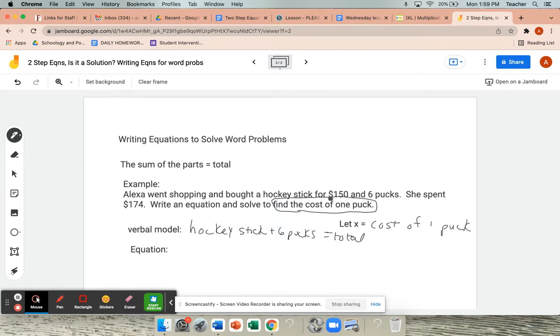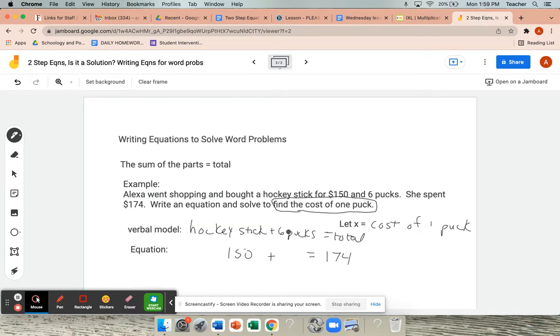Now I'm going to take the total, $174, and put it on the right-hand side. Now that number is all on its own on the right. Underneath the hockey stick, we're going to write how much the hockey stick is.